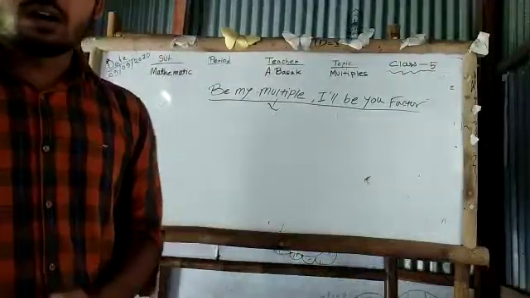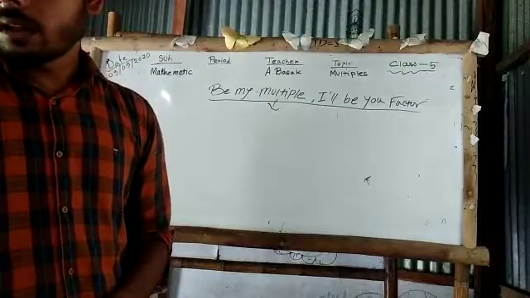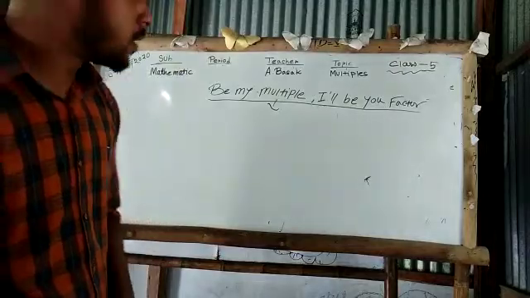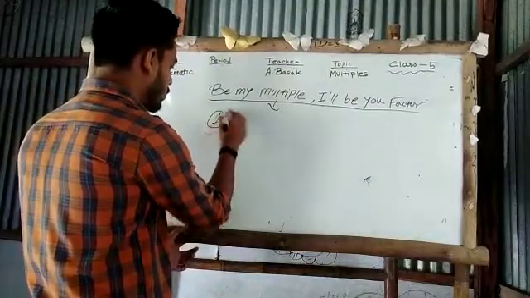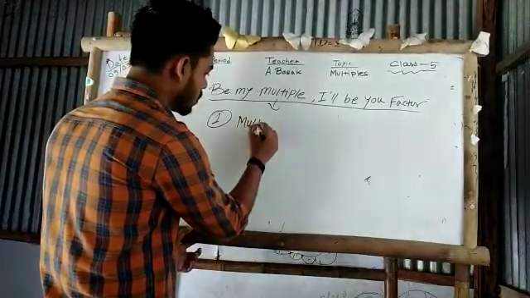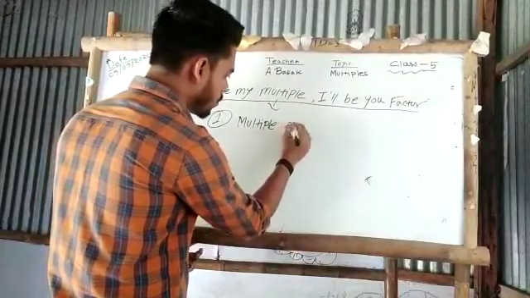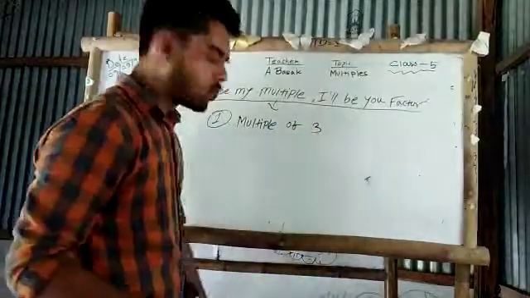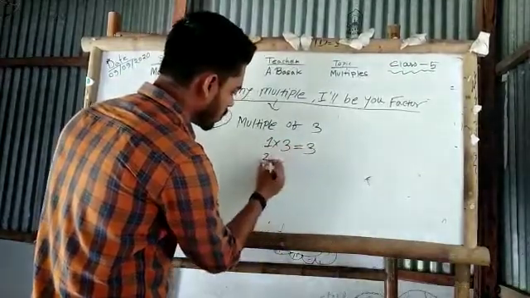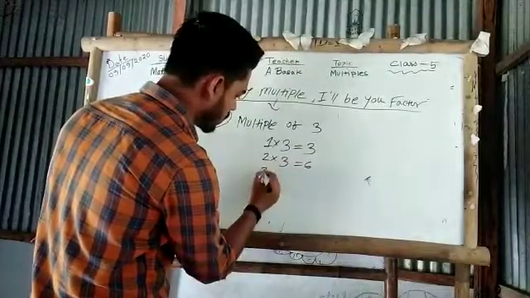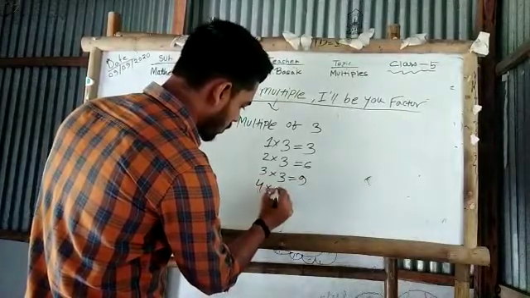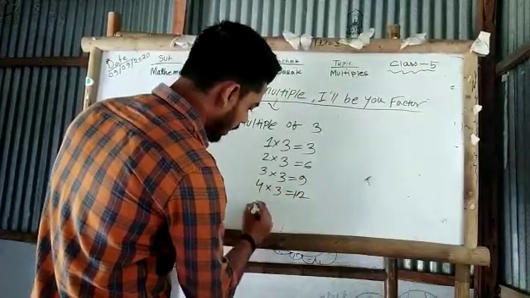If I ask you to determine the multiples of 3, you just need to write the table of 3 like this: 1 into 3, 3; 2 into 3, 6; 3 into 3, 9; 4 into 3, 12, and so on.